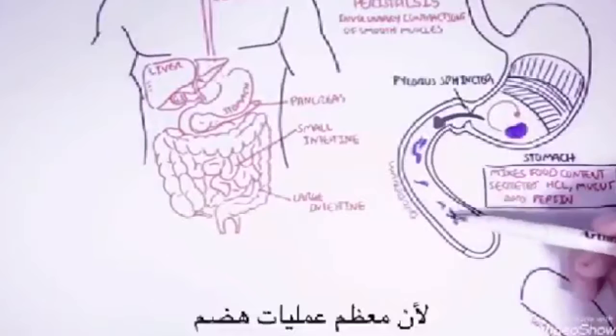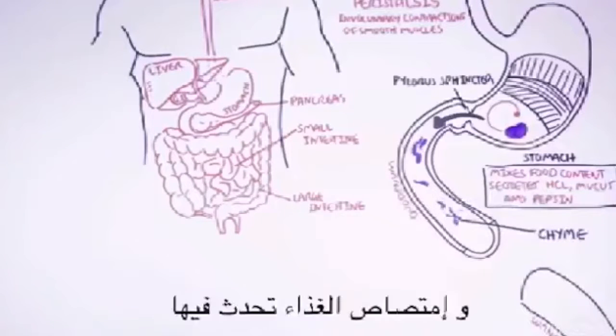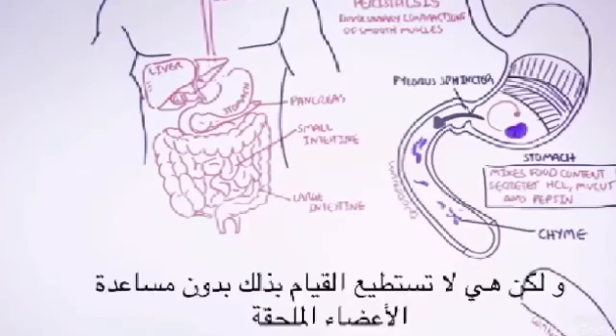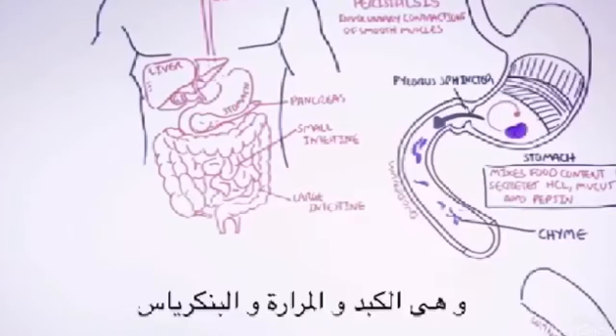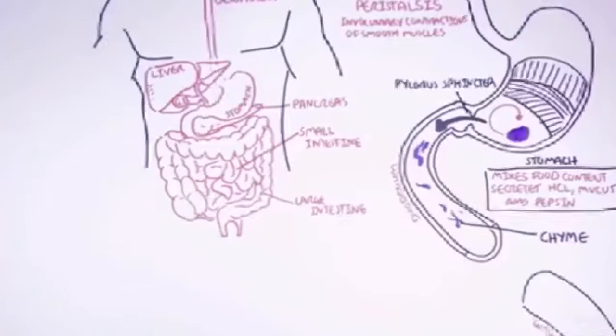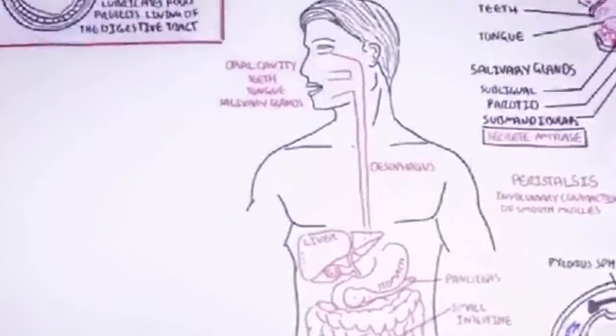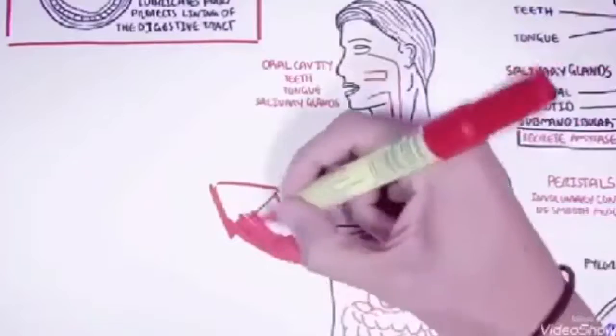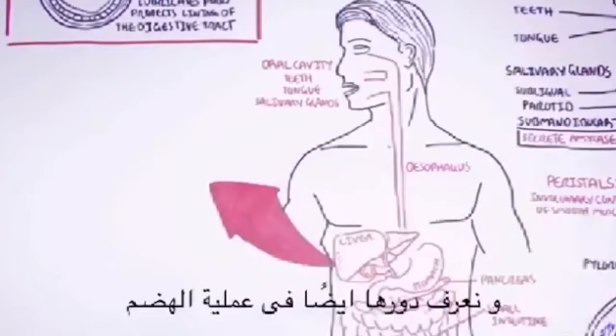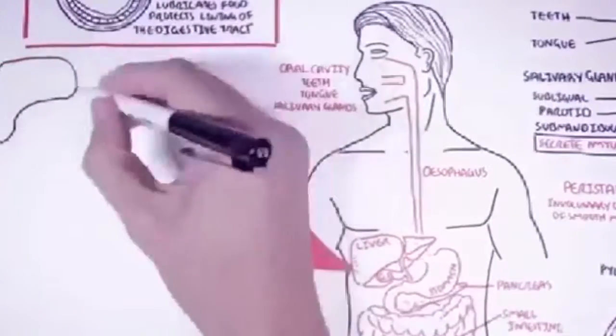The small intestine is very important because it is where most of the digestion and absorption of food takes place. However, it cannot do this without the help of the accessory organs: the liver, the gallbladder, and the pancreas. So let us learn a bit more about these accessory organs and their role in digestion.